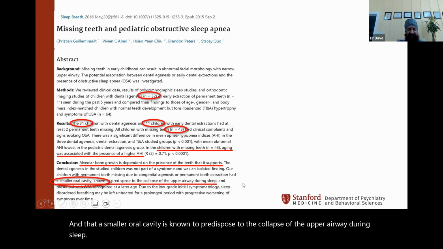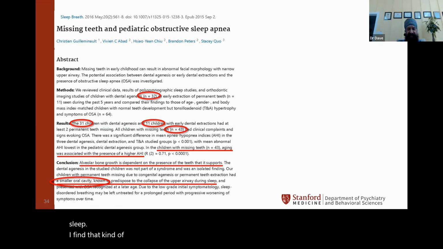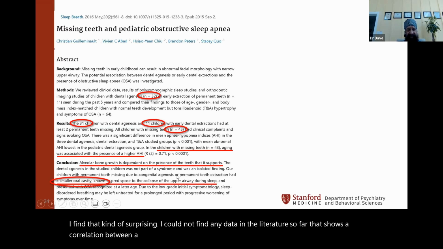I find that kind of surprising. I could not find any data in the literature so far that shows a correlation between a smaller oral cavity and upper airway collapse. Maybe the literature is there. I couldn't find it.